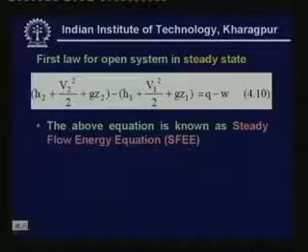Q dot stands for the net heat transfer rate, and W dot for the net work transfer rate per unit mass. So, this is the first law of thermodynamics for an open system in steady state, also known as the steady flow energy equation, or SFEE. This is a very important equation, and we will be using it repeatedly during this course.